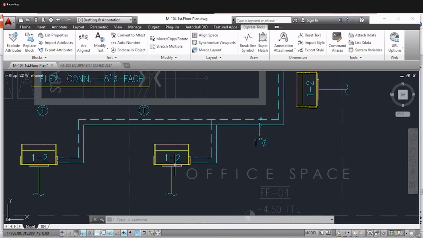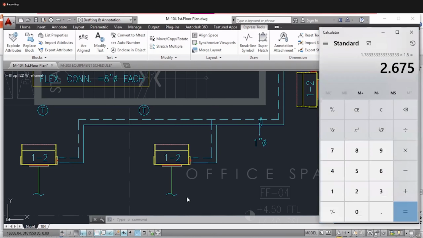What is the GPM for 1 unit? 1 unit is 2.67, so for 2 units it is 5.35 GPM. Now we are calculating this pipe size, so we put this GPM of 5.35 in our pipe size.